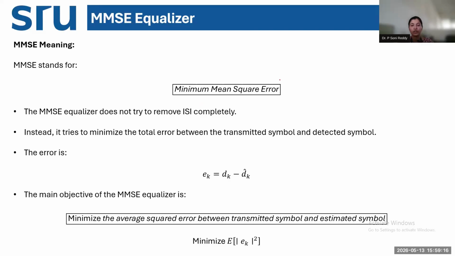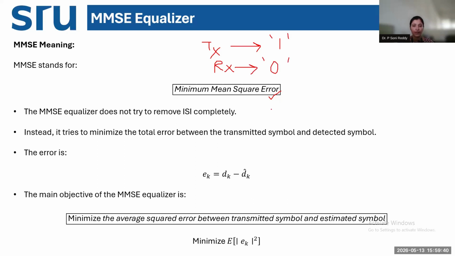So here, instead of just finding out the difference between the received signal and the actual transmitted signal, what is the error actually? Error here indicates the difference. So suppose I am transmitting a signal which is a symbol 1, but at the receiver side, I am receiving a symbol which is 0.